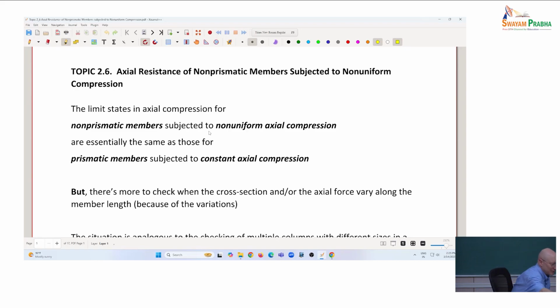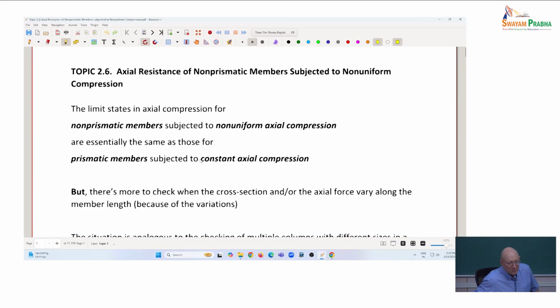A lot of my discussion will be in the context of the AISC specification, but this concept is more general than just AISC. It's immediately applicable also if you're designing in the Indian standard or any other standard.